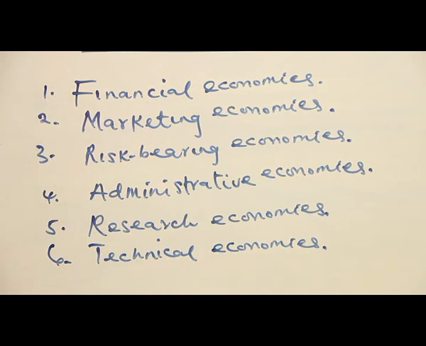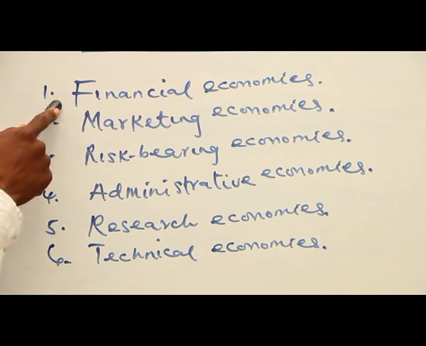Not only that, if a firm is able to have cheaper rates of taking loans from banks, the firm will be able to acquire a large quantity of raw materials that can be used toward production of goods and services. In that case, the firm is having what we call financial economies of scale.